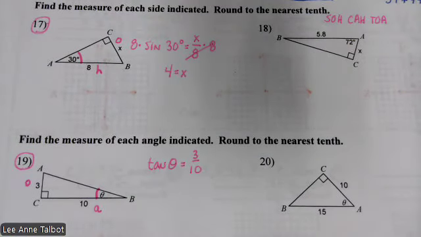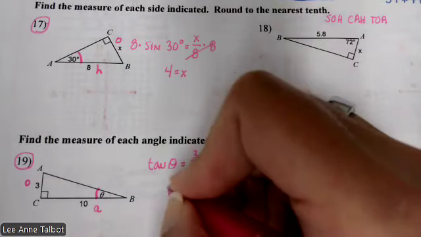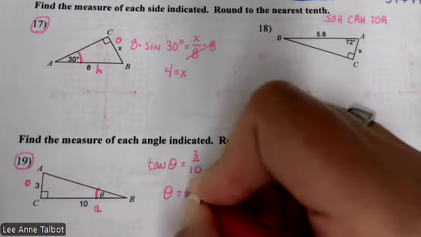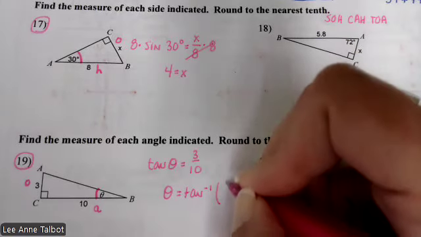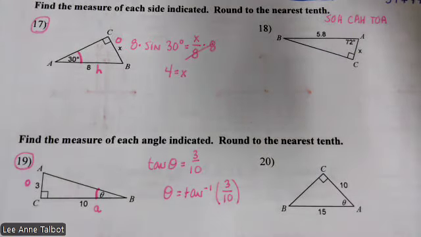Okay, so this might take a little bit of memory. How do I undo tangent? It's called tan inverse. Don't say tan to the -1. That's not what that is. It's tan inverse or arctan. Those are the two things that you can say properly, but not tan to the -1.